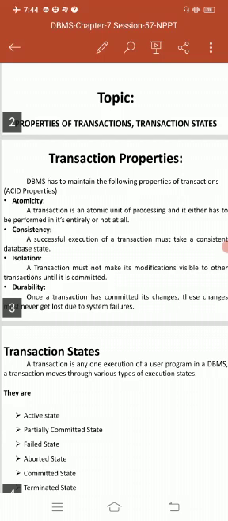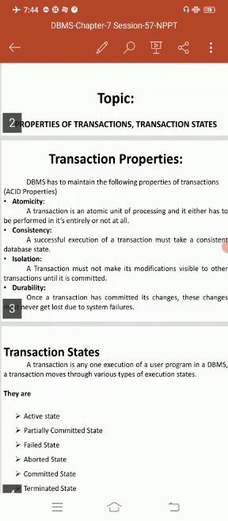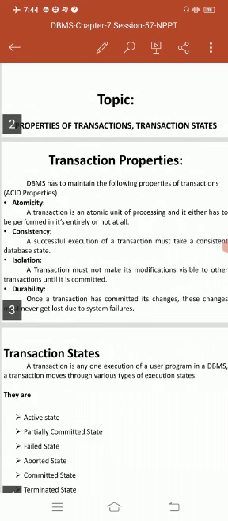This ensures that each transaction appears to execute in isolation from other transactions, even though hundreds of transactions may be executing concurrently. That is called isolation.